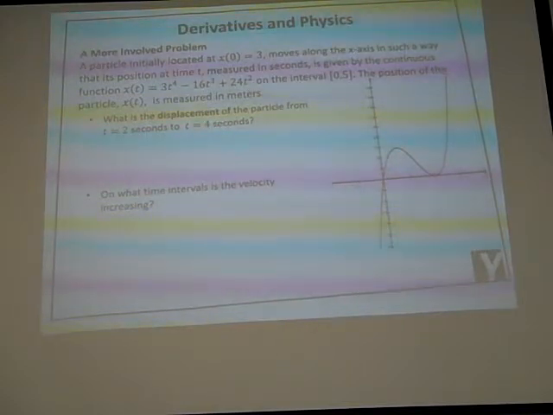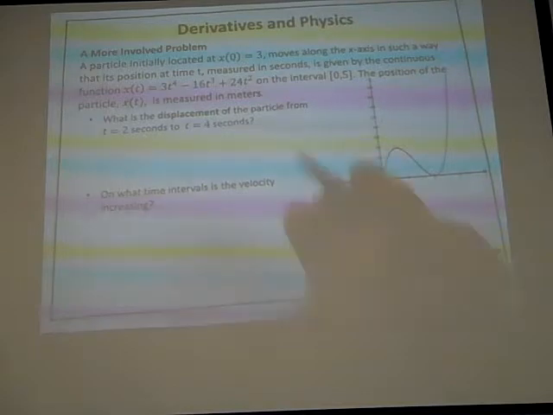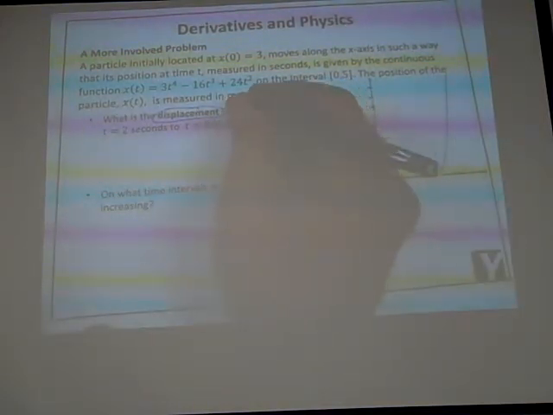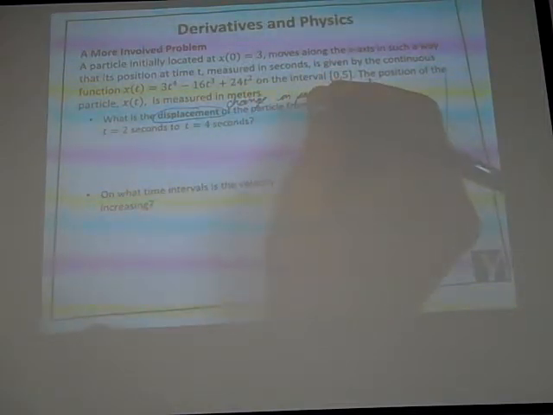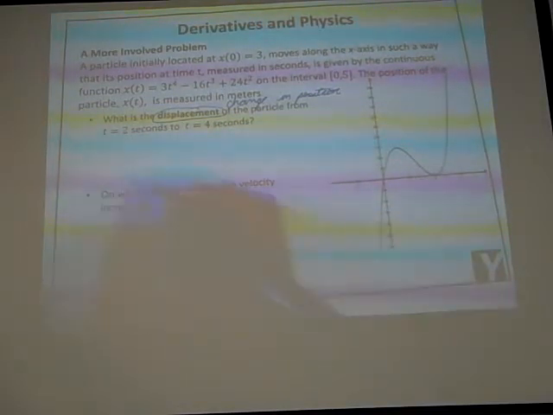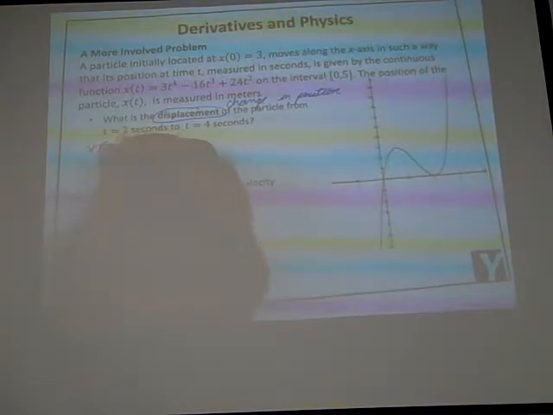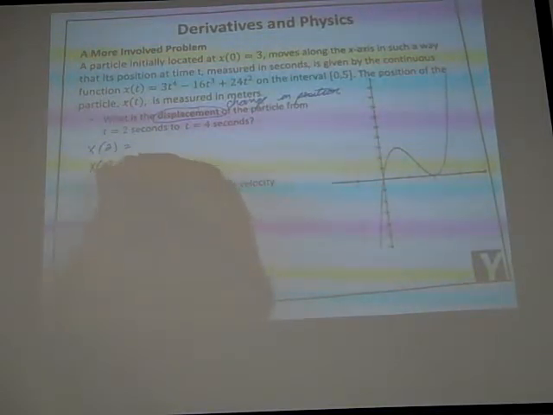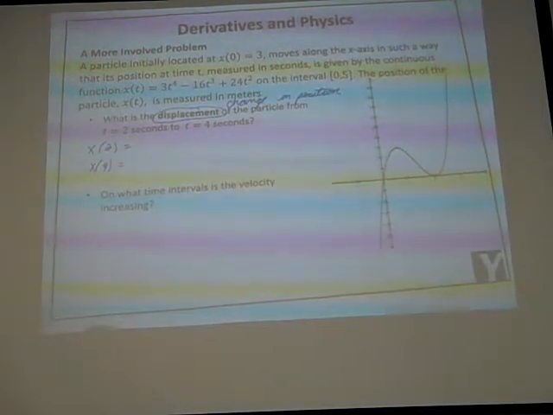What's the displacement of the particle from t equals 2 seconds to t equals 4 seconds? Displacement, as we mentioned, is just change in position. So this is actually a pretty easy question if you've had a physics course. What we need is the position of the particle at 2 seconds and at 4 seconds.